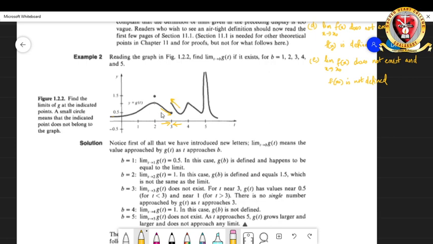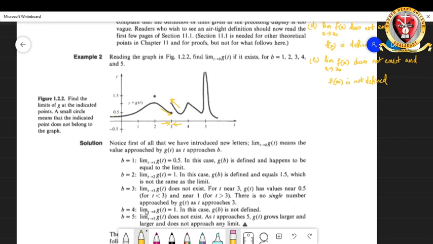So can we say that the function is moving towards just one point here? From the left the function is moving towards this point, from the right the function is moving towards this point, so they are different. That means at 3 the function doesn't have a limit.